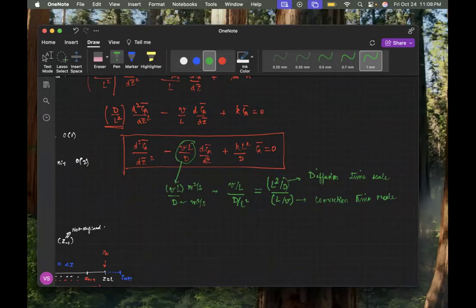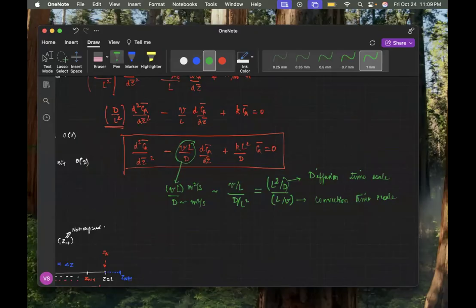So diffusion time scale basically represents how fast something would diffuse, right? And convection time scale would convey how fast something is going to move because of convection.